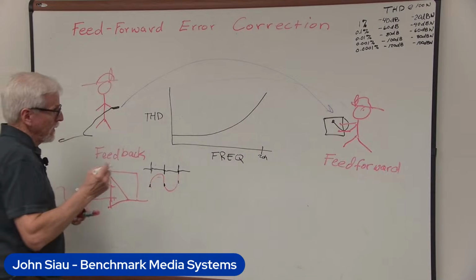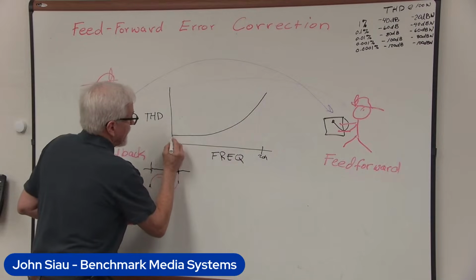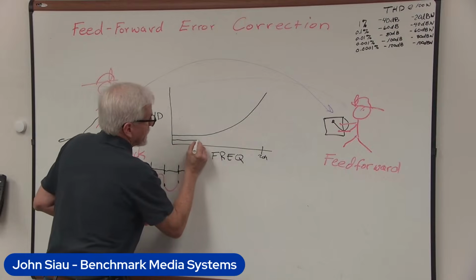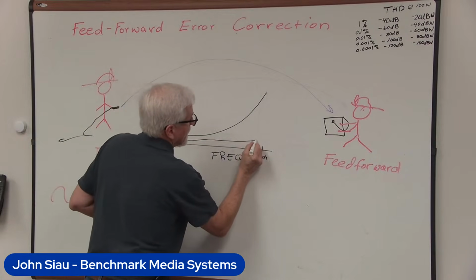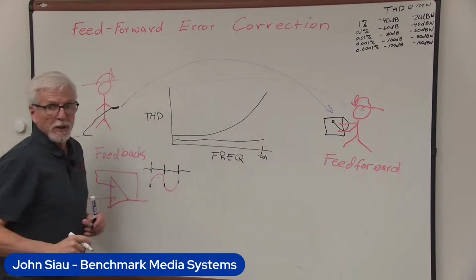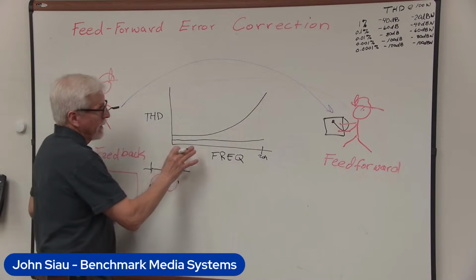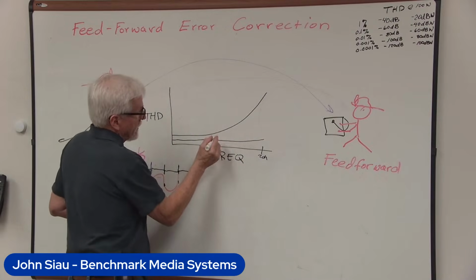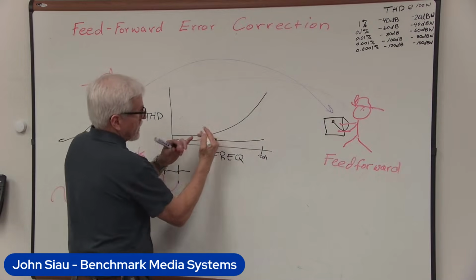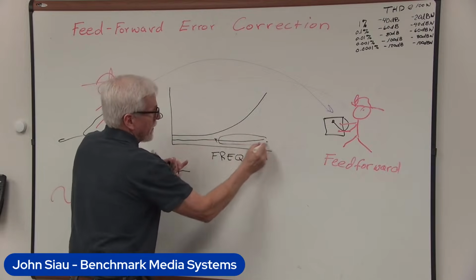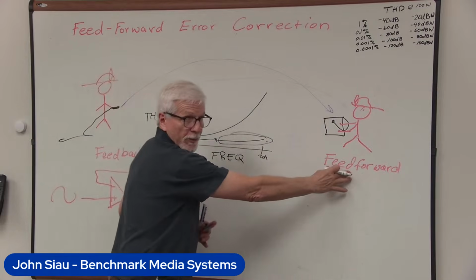All right, now if you look at that same plot for an AHB2, it looks more like that. And it's because from this point on, we're primarily using feed-forward correction.